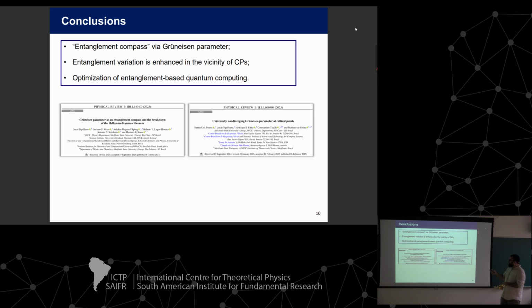And also, this entanglement variation is enhanced close to quantum critical points, and you can use this to construct more reliable or more optimized quantum computers. And we have removed this infinity because, as I mentioned, in the real world, we don't have infinity. We have finite quantities.